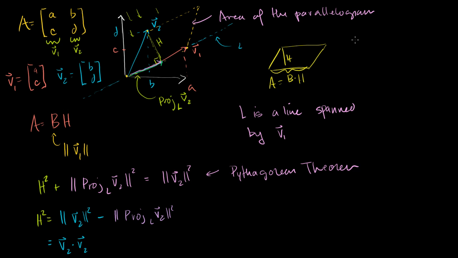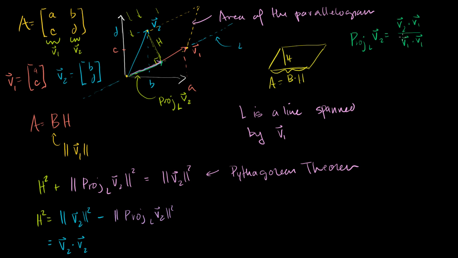The projection onto L of v2 is equal to v2 dot the spanning vector, which is v1, over the spanning vector dotted with itself, v1 dot v1.